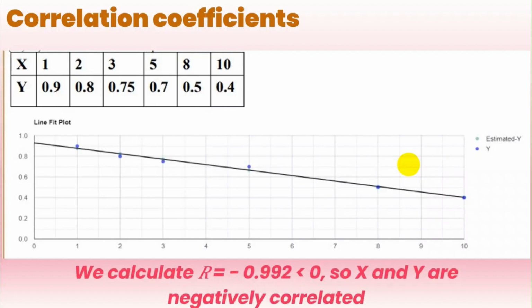We can calculate R equal to minus 0.992, which is smaller than 0. So X and Y are negatively correlated.